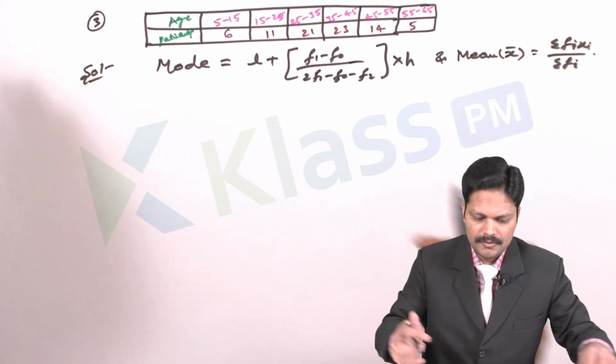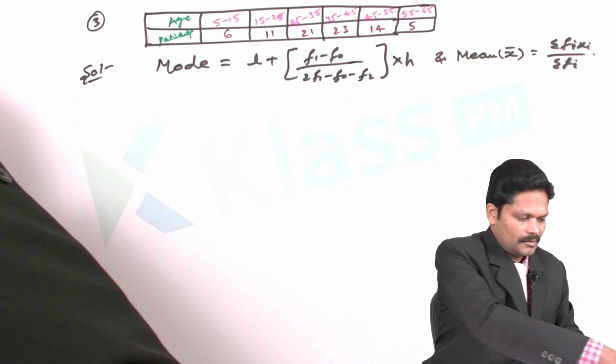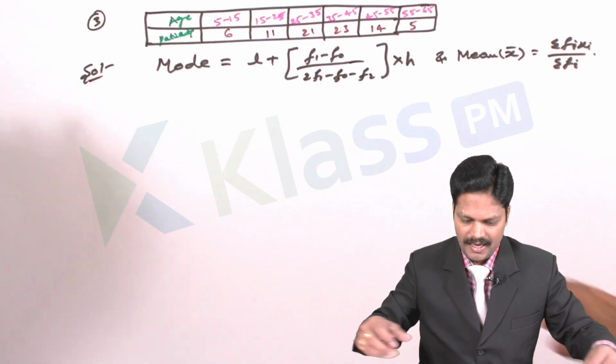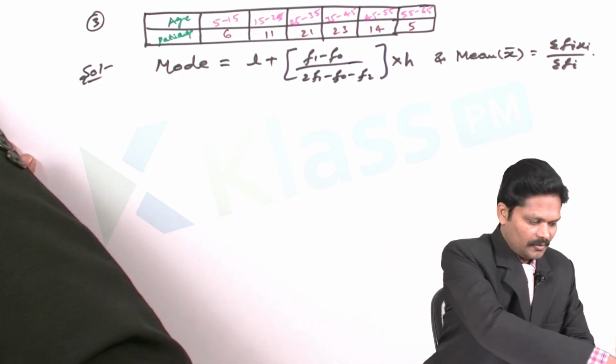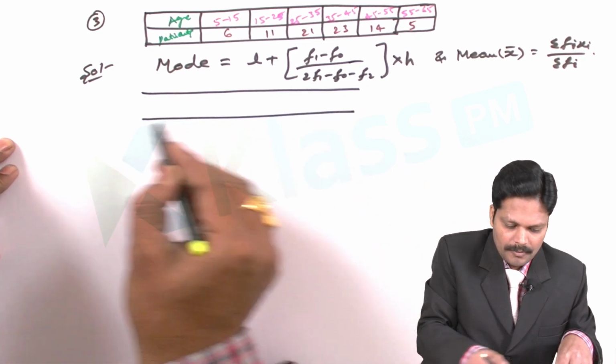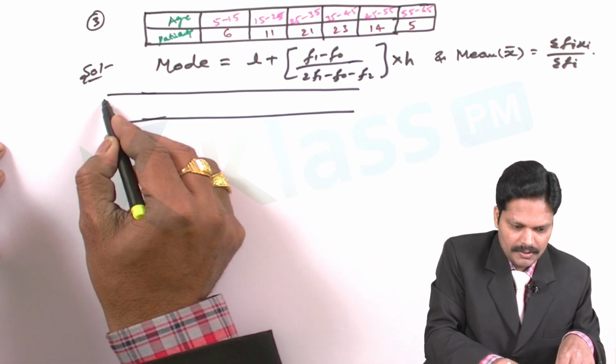So these are the two formulas we are using here. So clearly I will explain about all terms whatever we are having in the formulas. So before going to that, we need to arrange the data in the tabular formation. So I'm taking here.